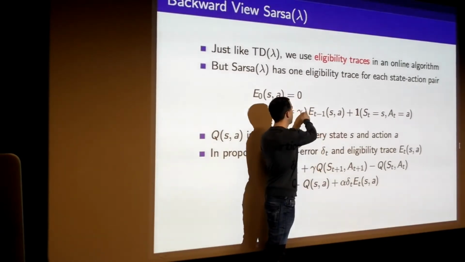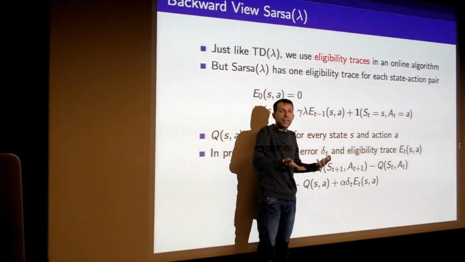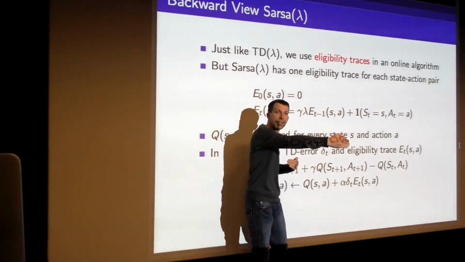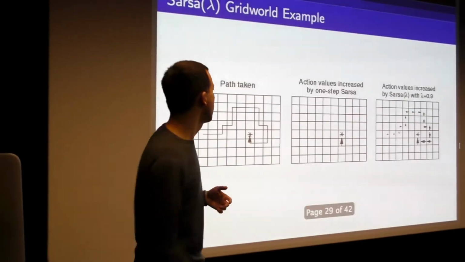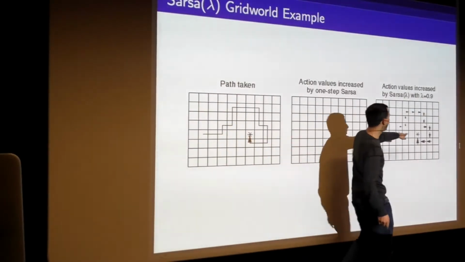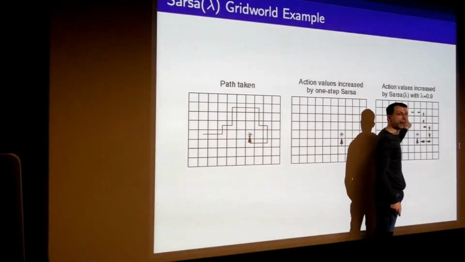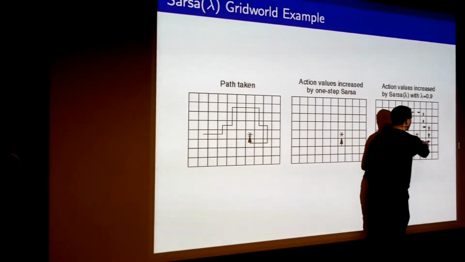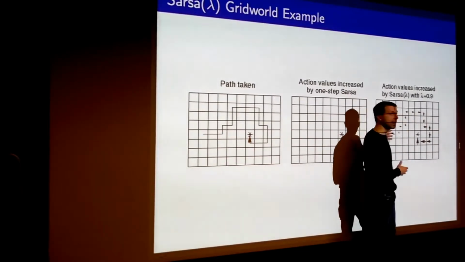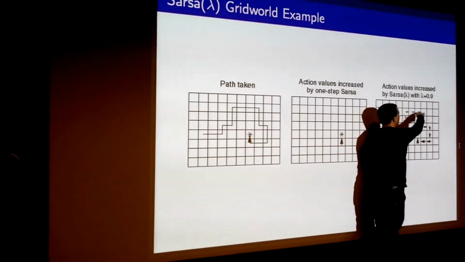So that's why this lambda parameter sets how far back in time you look, because now you've got this decay rate, which tells you how steeply you want your eligibility trace to decay going back along this trajectory. So if you set lambda to 1, these will be of equal magnitude, like these arrows would still be thick, and the updates you make all the way along the trajectory would still be large.